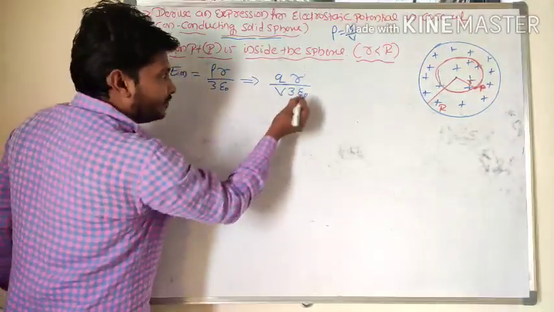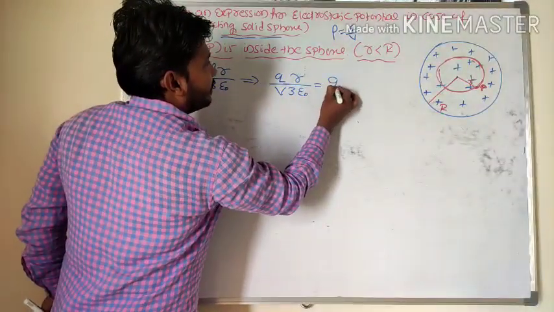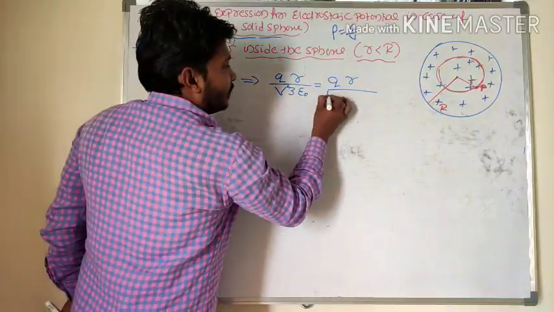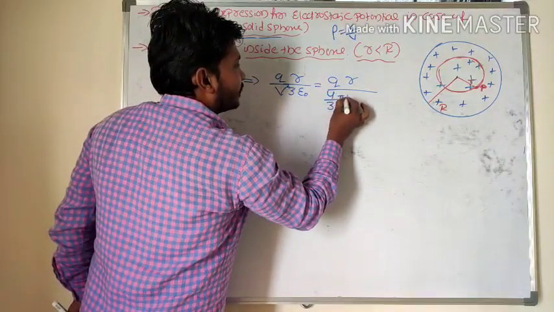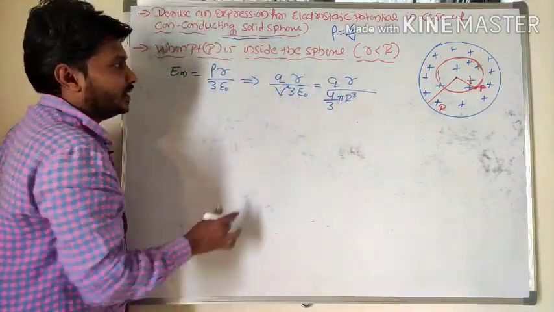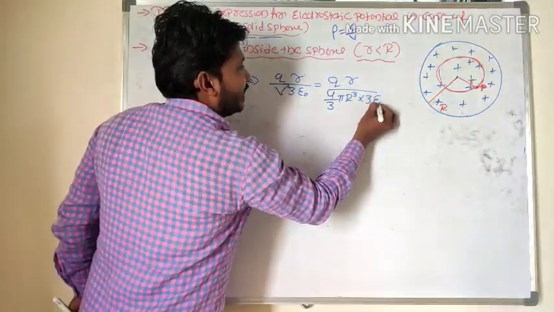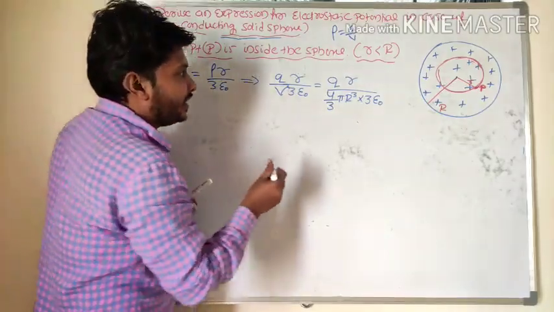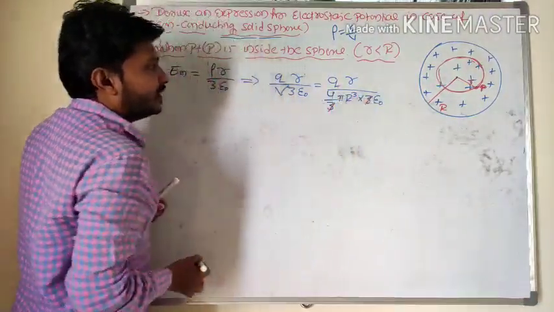Did you get my point? Now I would like to rewrite this equation: q into r divided by the volume of the sphere, which is 4 by 3 pi R cube, into 3 epsilon naught. The 3 will get cancelled out.